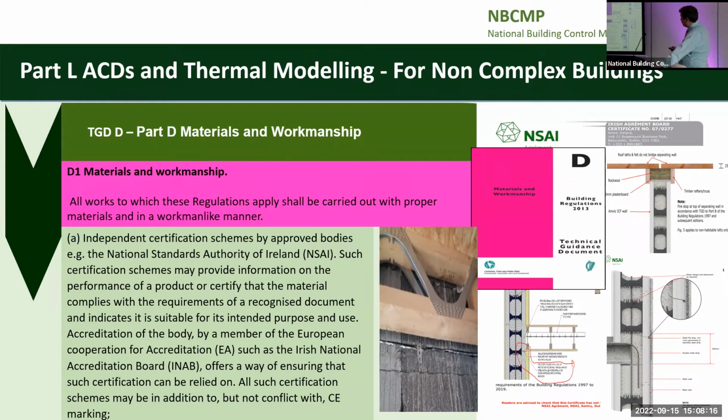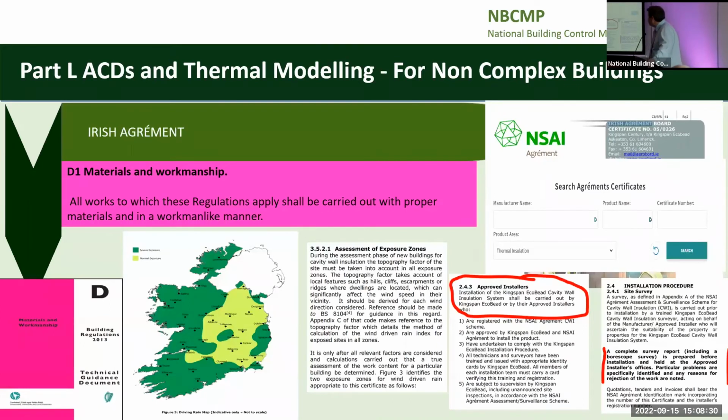But here, the concrete is actually cast in as part of the system. And it probably has a worse psi value, has it? The other thing too, bead insulation, you can actually search for Agrément certs on the thing there.